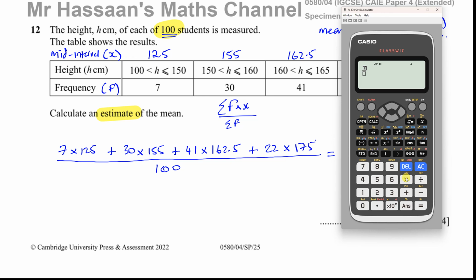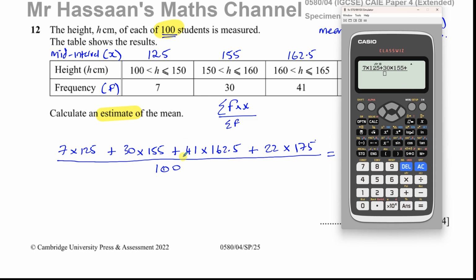So 7 times 125 plus, and then 30 times 155. Okay, now 30 times 155, oh, there's an extra 5 that came there. Always check, right, at every step in case you've typed something wrong.